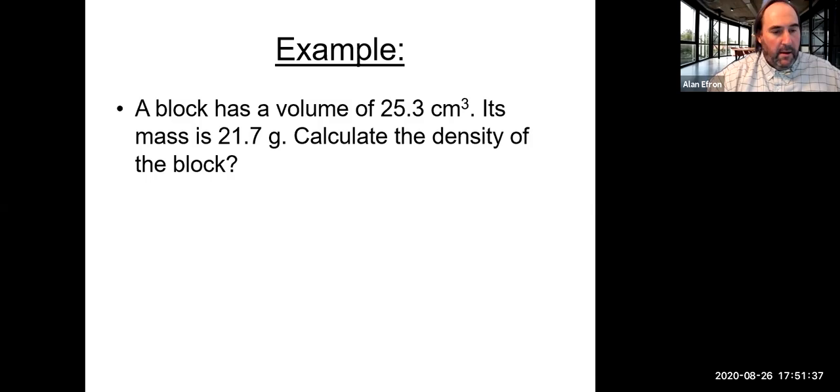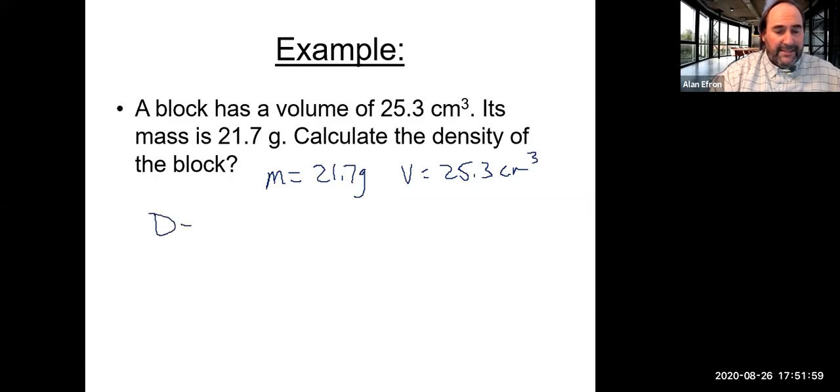Okay, on this particular one, I see some answers rolling in, so that's looking good. So let's take a look. We do have the mass given to us, and we do have the volume. The mass here is 21.7 grams. Volume is 25.3 cubic centimeters. Density is mass divided by volume, so we have both of those things.